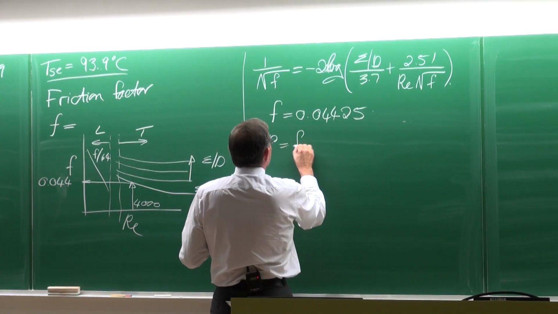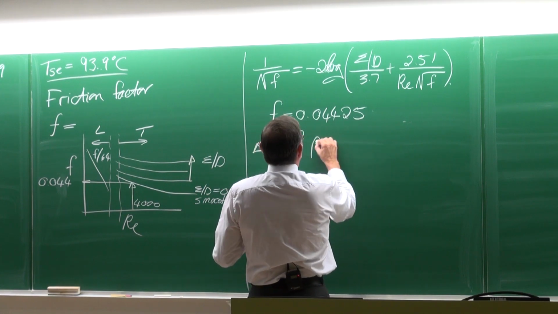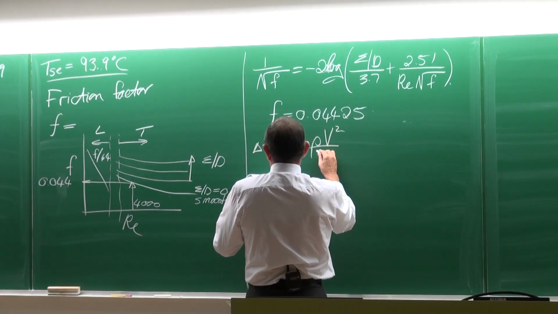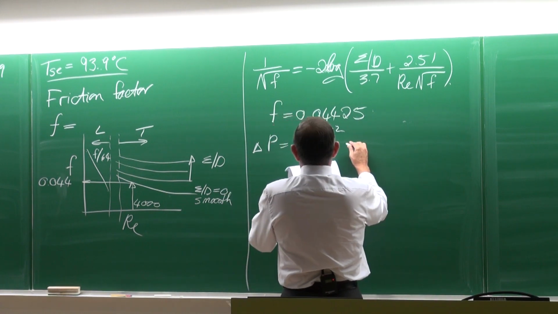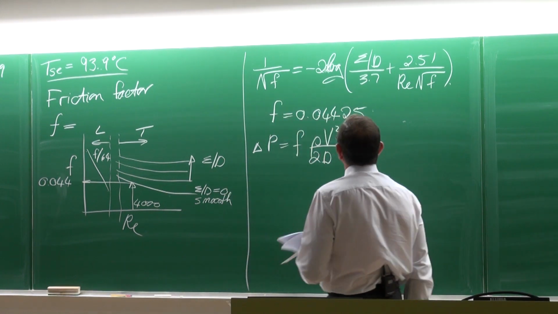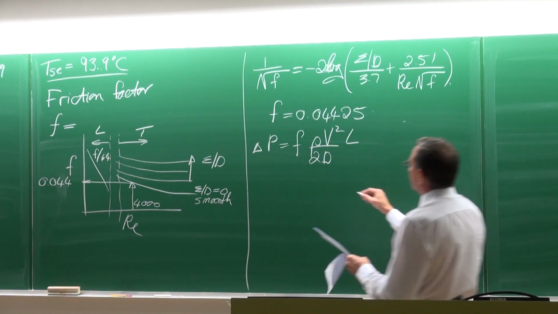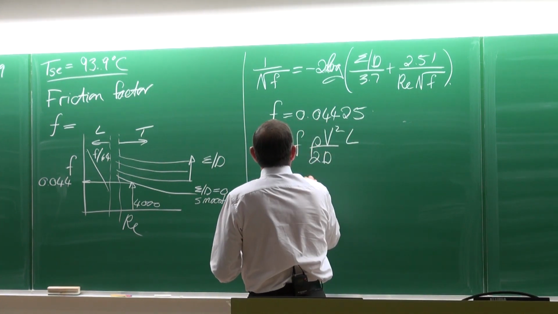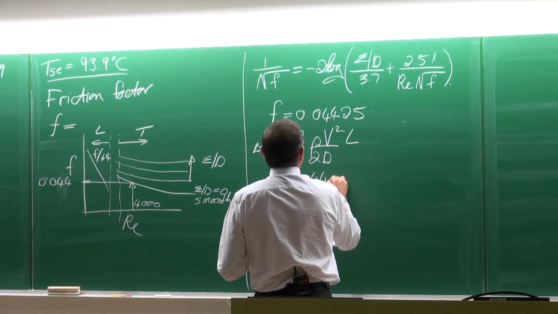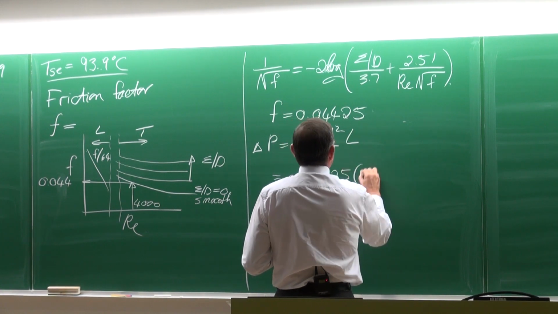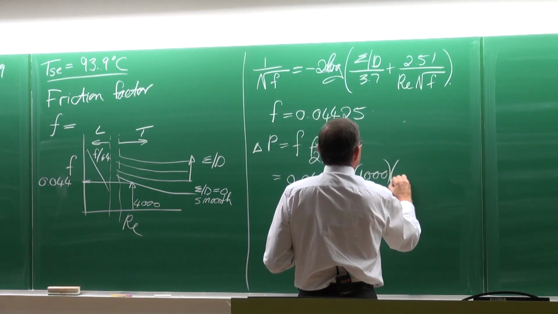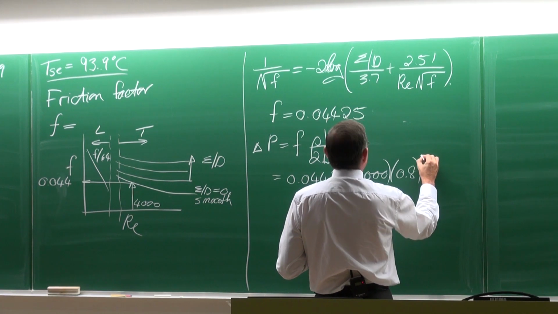The pressure drop is equal to the friction factor multiplied by rho v squared divided by 2d multiplied by L. The friction factor is equal to 0.04425. The density is 1,000. The velocity is 0.8.